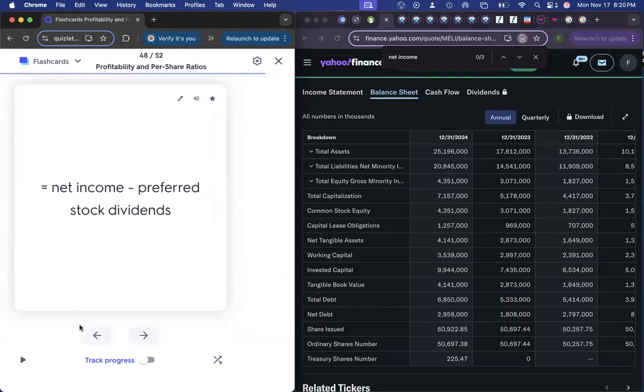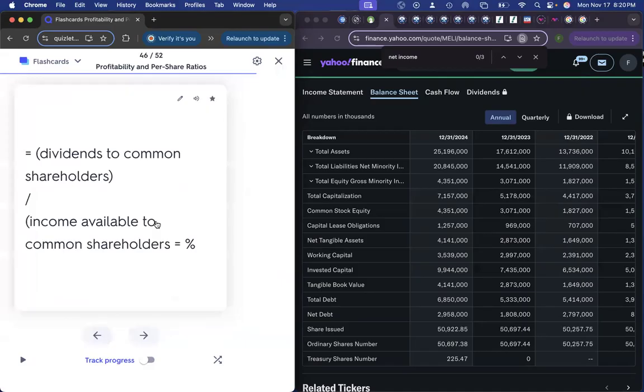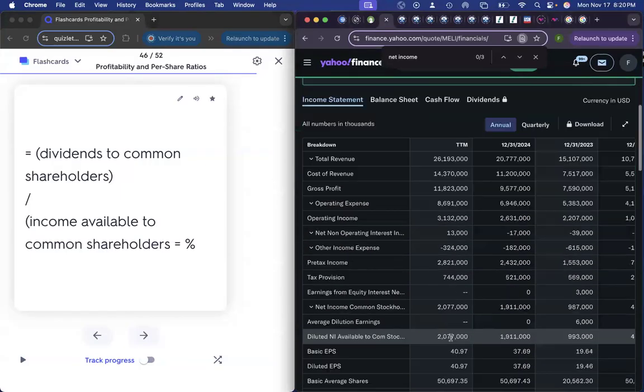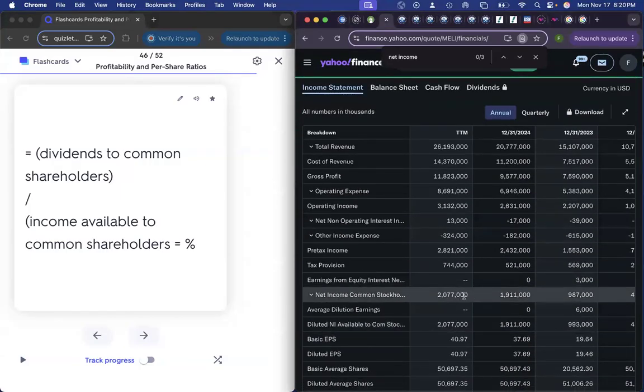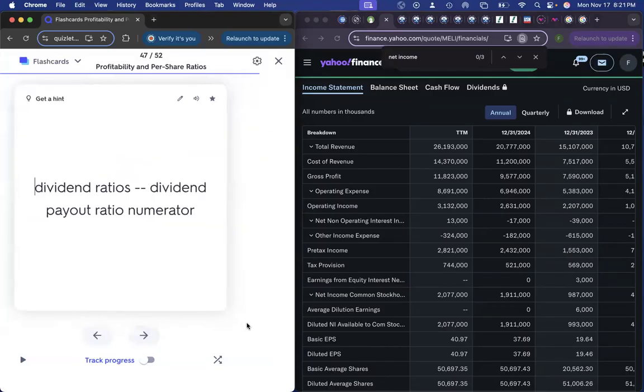So, dividends to common shareholders, the 10 cents times 50,697, divided by income available to common shareholders, which is net income minus preferred stock dividends, which Mercado Libre has as of 2024 is 1.9 million. So you're going to get, at least in this example, a small percentage because I used a 10-cent dividend.